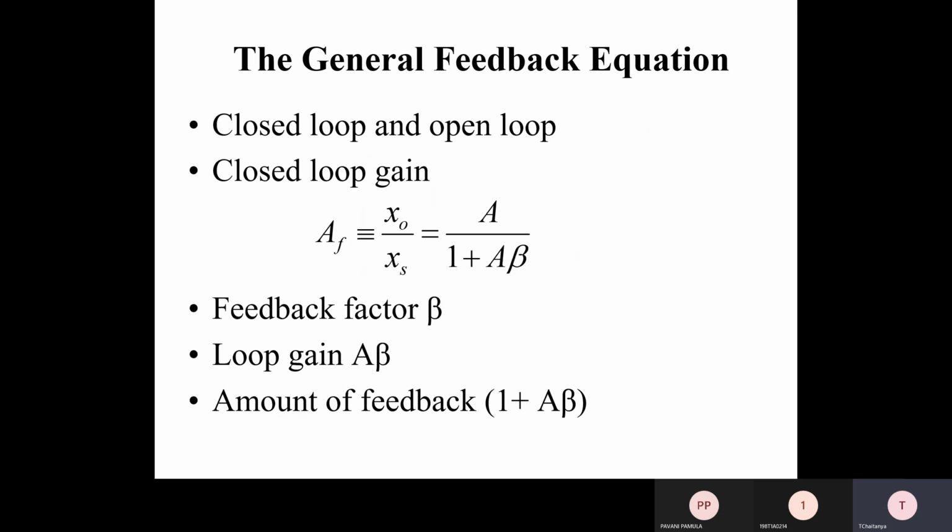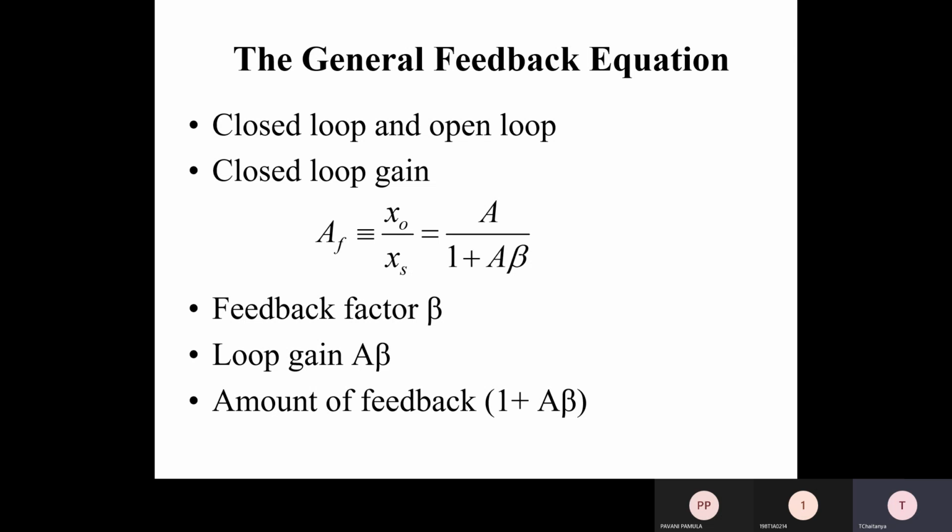See the general feedback equation. There are the closed loop and the open loop. For the closed loop gain, Af equals Xo divided by Xs, where Xo is the output signal and Xs is the input signal. Where A is the gain, Af equals A divided by 1 plus A beta. The feedback factor is beta.